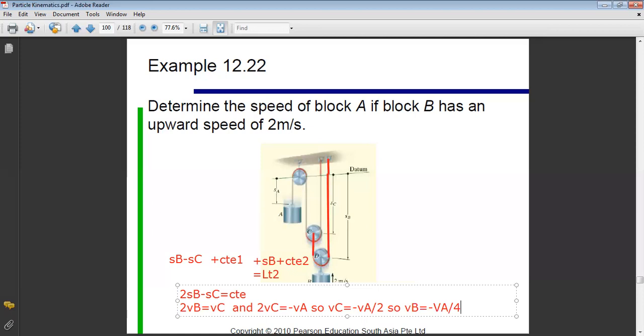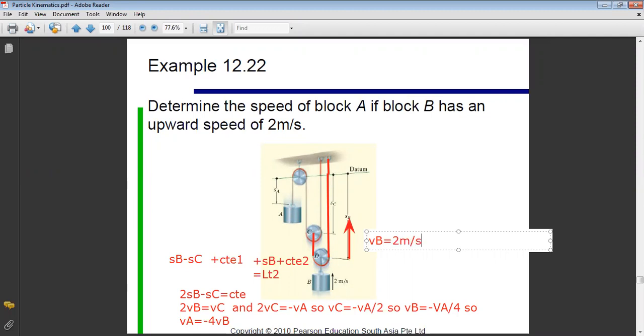So now they said that B has an upward speed of 2 meters per second, so we want to deduce VA. So VA is minus 4 VB. Now in this problem, because they said B is moving upward, so the velocity of B will be positive or negative? They said that B is moving upward with a velocity of 2 meters per second. So I will count it as positive or negative. Who will tell me?